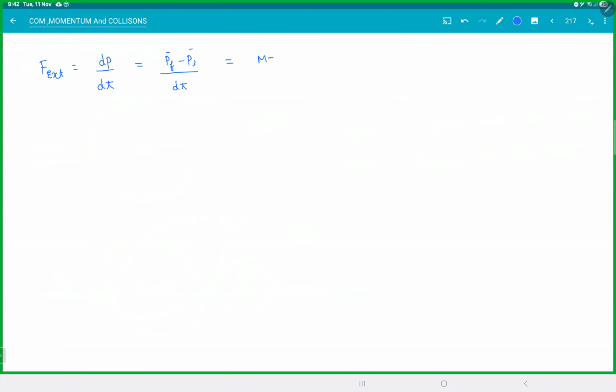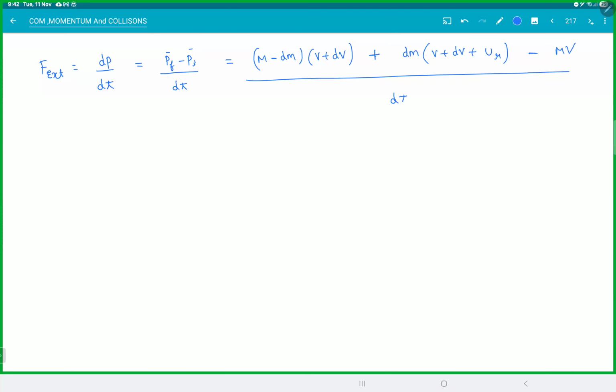Again, a little more calculations. (M plus dm) into (v plus dv) plus (m minus dm) into (v plus dv plus u relative) minus m into v. That's your final momentum minus initial momentum by dt.